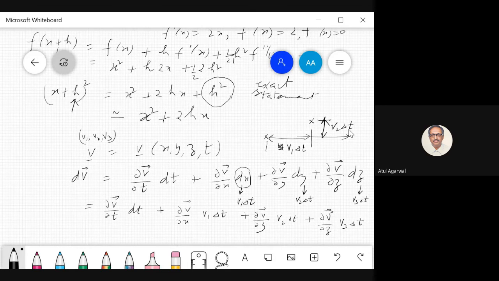So you divide by delta t on both the sides. So this becomes acceleration of that particle, which went from here to here. Only description of its velocity was spatial.